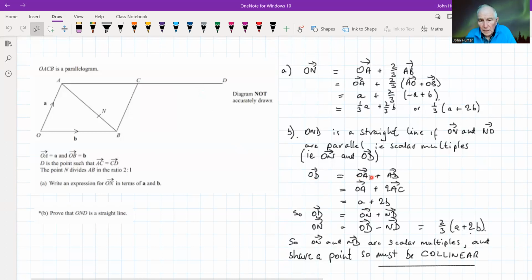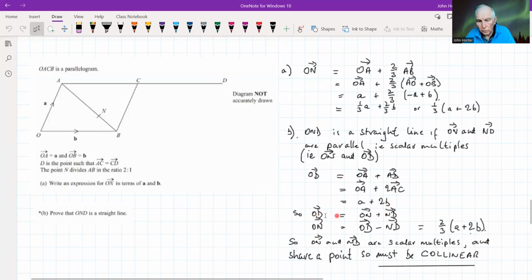OD, expand out to OA plus AD. Well, OA is A, AC is B. And we know C is the midpoint of this, so CD is the same length and direction as AC, so therefore that must be B, and this must be B, so altogether AD is 2B. So that's what we've got here. OD is A plus 2B.